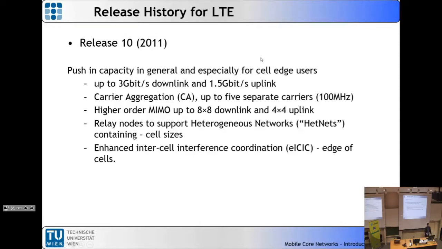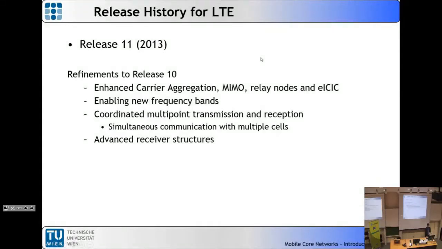What is here the interesting part, which was one of the newest features we implemented, is relay nodes. So actually optimizing, for example, to have relay nodes in LTE. How long is the delay? How efficient can you link between these cells? And interference coordination. So this was done optimizing the cell edge in this case.